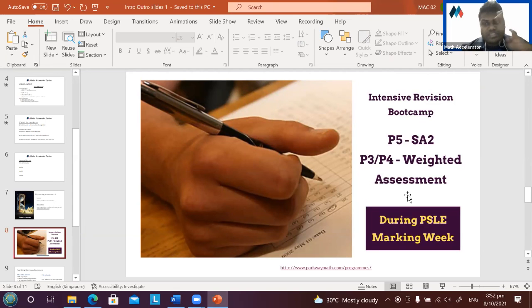And this is very important, especially for primary 4 students, because it's your streaming year, right? They call it the subject-based banding, okay? So based on your overall performance, the school will recommend a suitable subject combination for you. So it's very important for primary 4 students this year, okay?